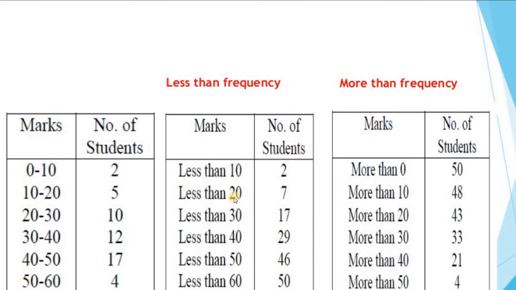But the second class is up to 20, means less than 20 includes the 10 also. Here 5 is there, we will add this 5 plus 2. Then less than 20 means 7.